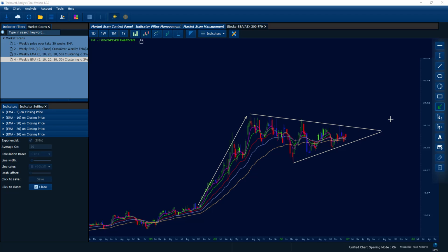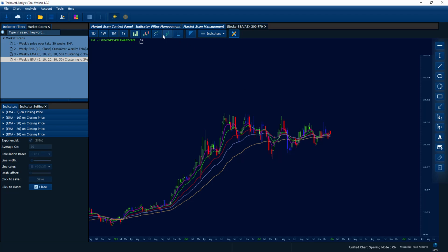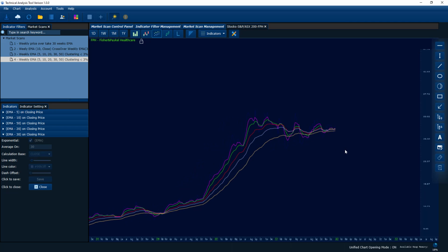If it can break up from somewhere around here, that's going to be a very good sign. It might just move further up. Like this one for the previous week, the moving averages are clustering together and the 30 weeks moving average is pointing up. So this is a good one.